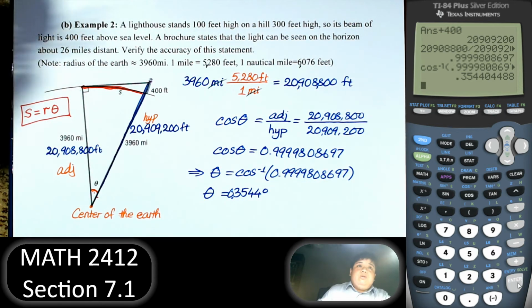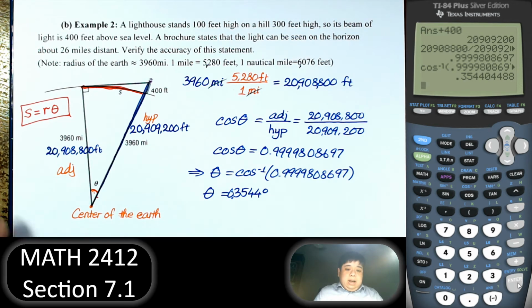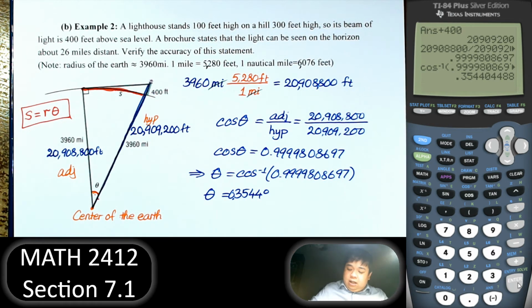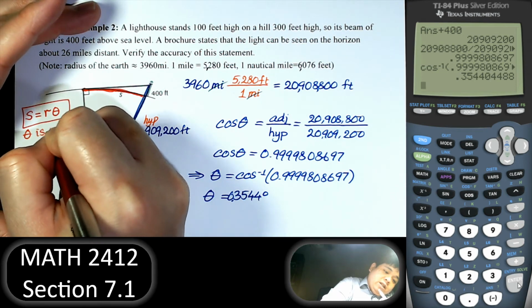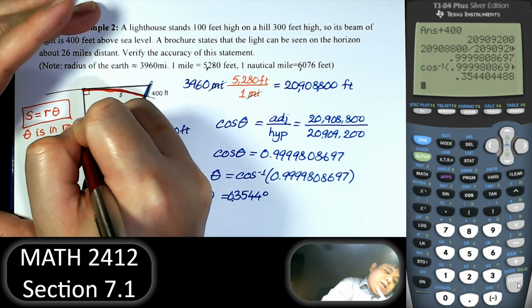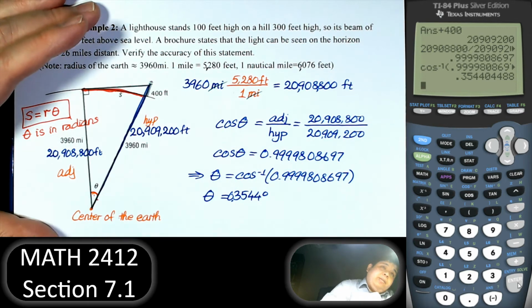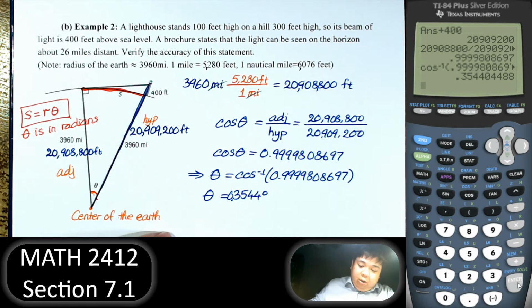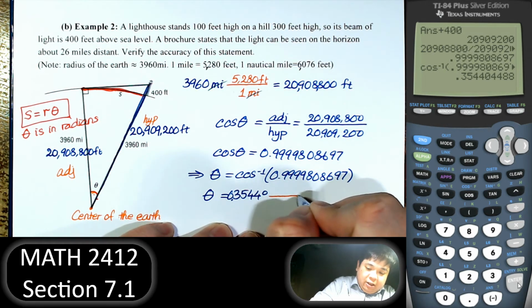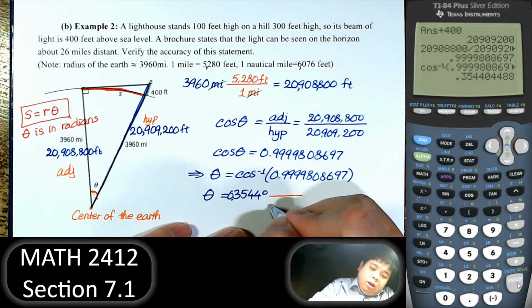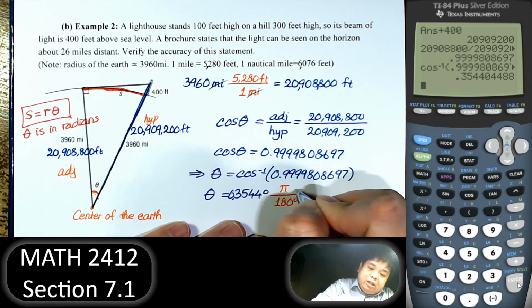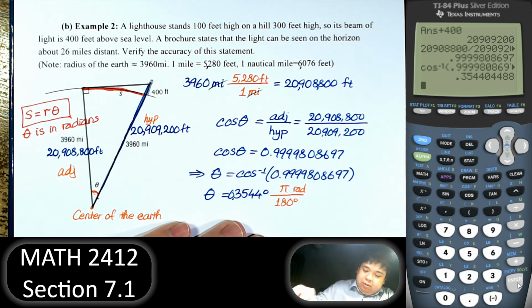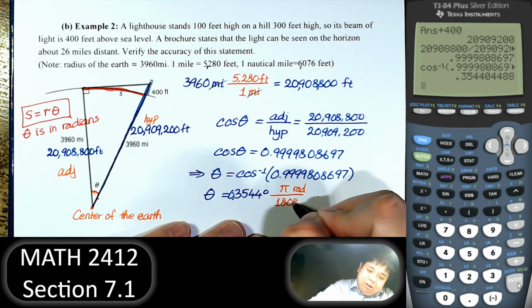Now we just need to find the arc length. By the way, in this case, if we use that formula, theta is in radians, not degrees. So we convert this to radians. 180 degrees is equivalent to pi radians. So cancel the degrees.